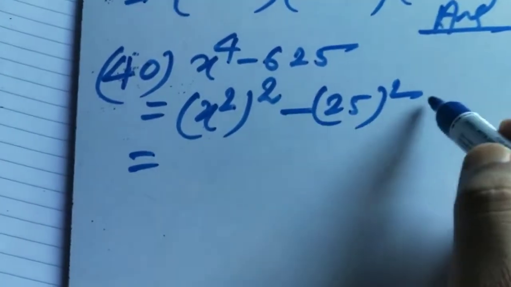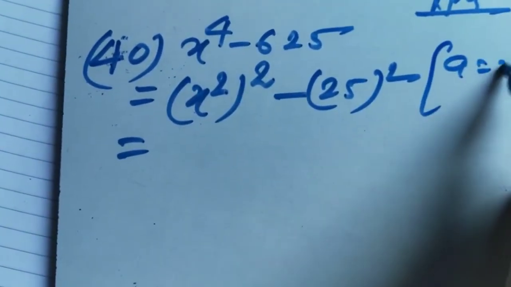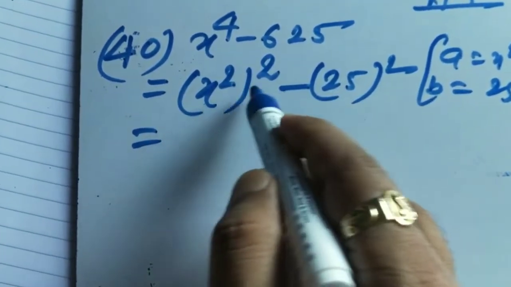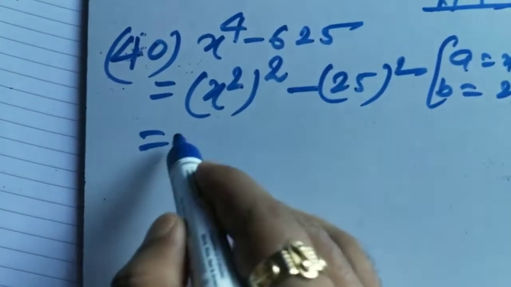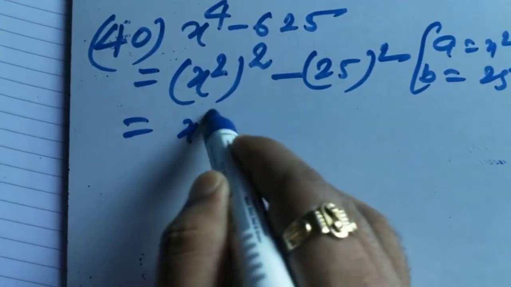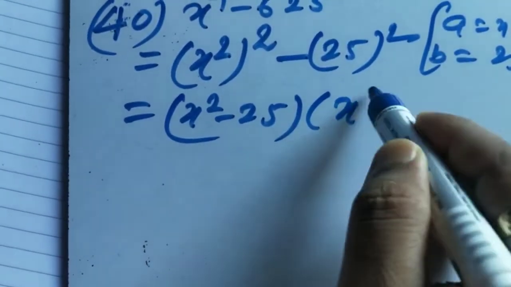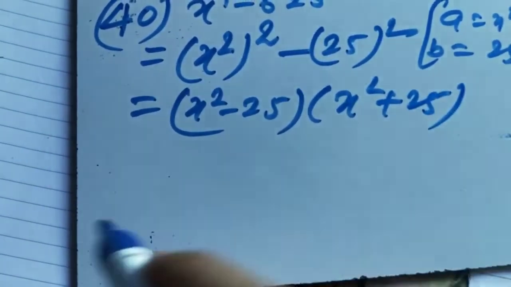So here a is x square and b is 25, and it is based on a square minus b square, so it will be a minus b, that is x square minus 25, and a plus b, that is x square plus 25.